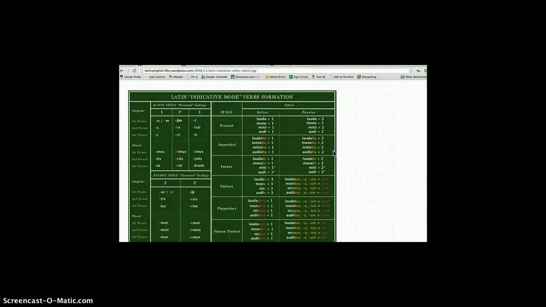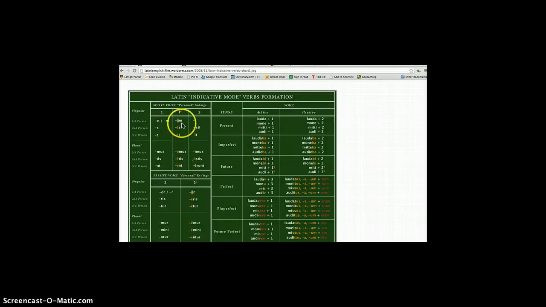Now, the thing I really just want to remind you about is this part right here, your endings that you've seen before. Okay, O or M, S, T, mus, tis, nt. Now, this little chart doesn't give you the translation, but remember, first person, O or M, is translated as I, S is you, T is he, she, it, mus is we, tis is y'all, and nt is they.